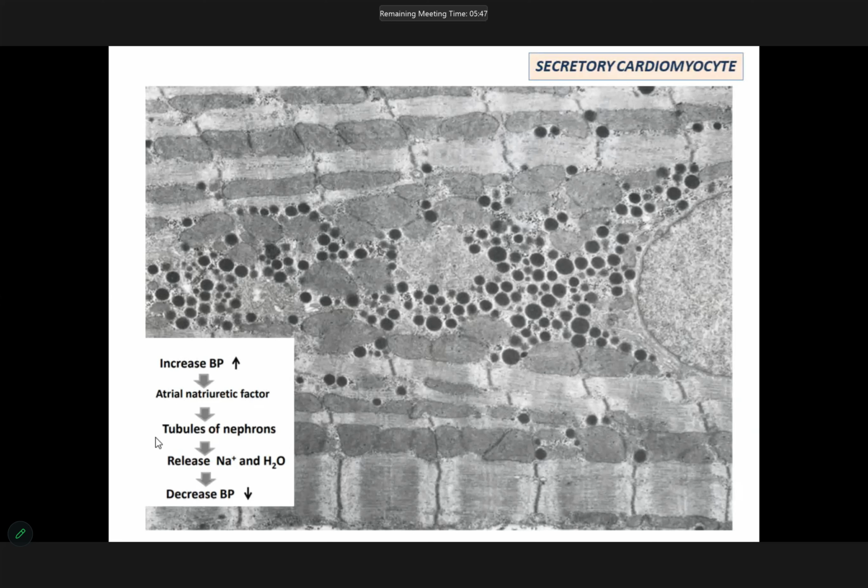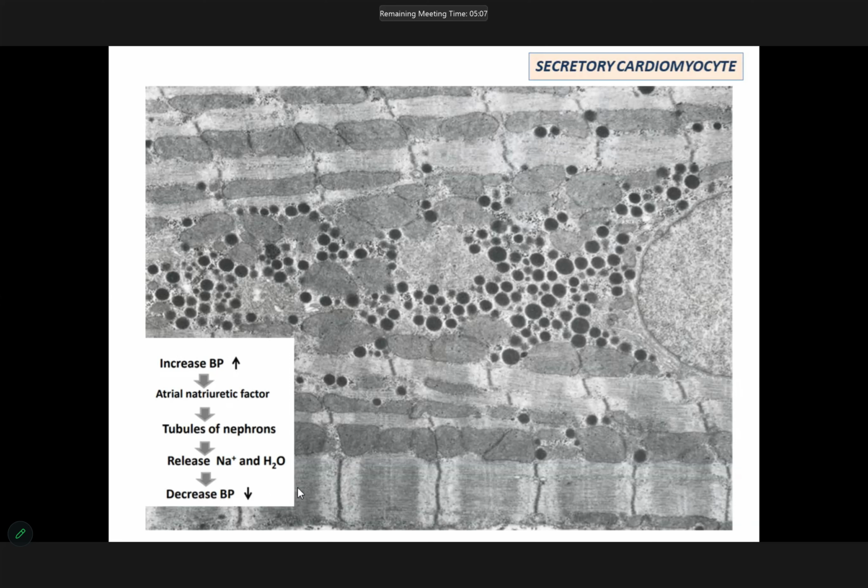This factor goes to kidneys and acts upon the tubules of nephrons, making them to release sodium and water with urine from our body. So our body loses water with urine. It means that the amount of water in our blood decreases. It means that volume of blood decreases. If the volume of our blood in our blood vessels decreases, it leads to decrease of blood pressure. This is how it works.